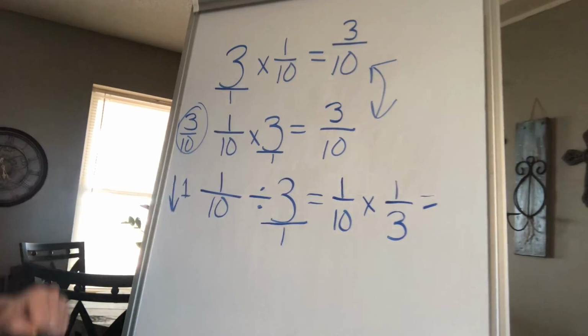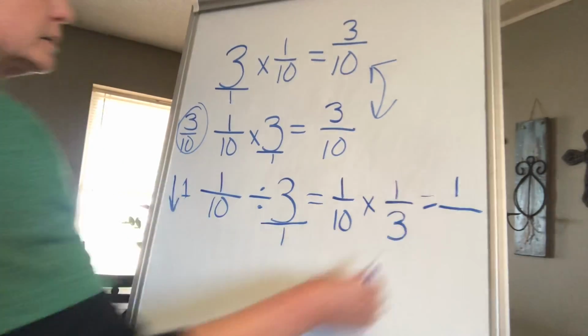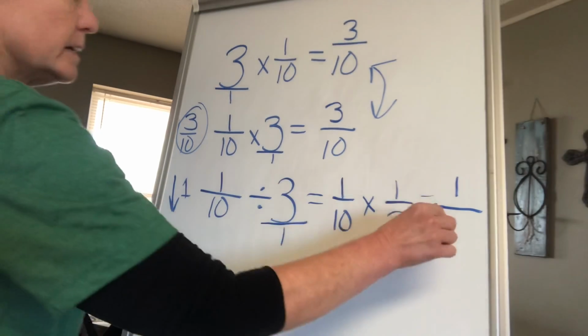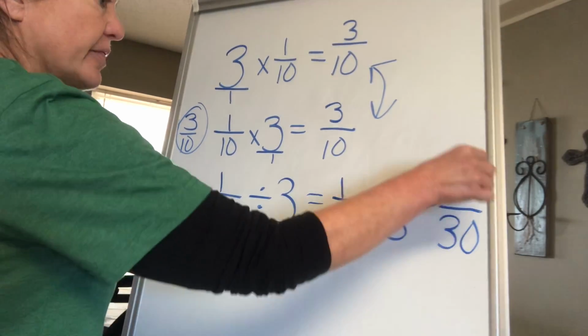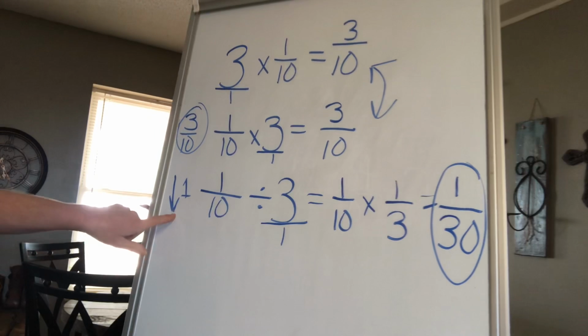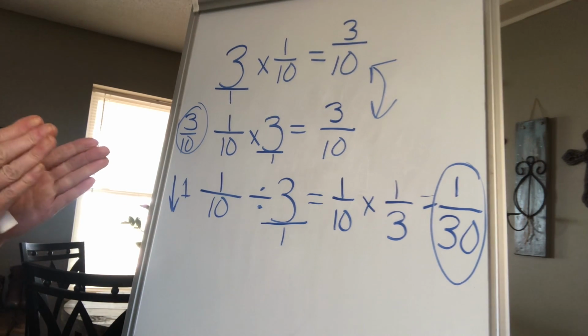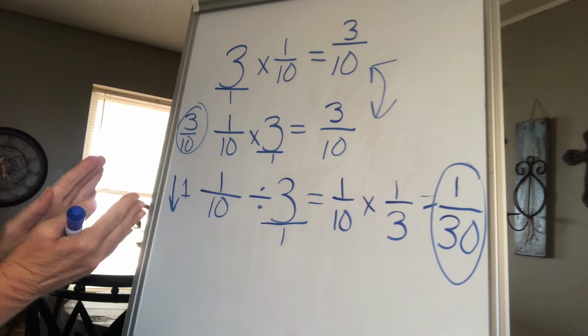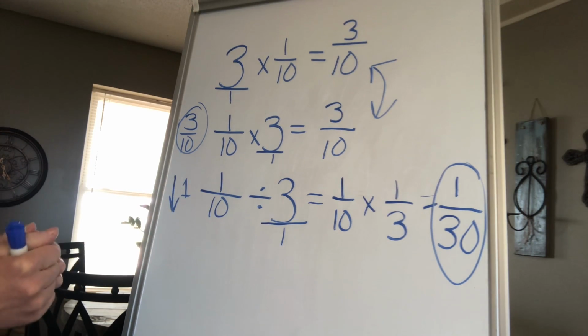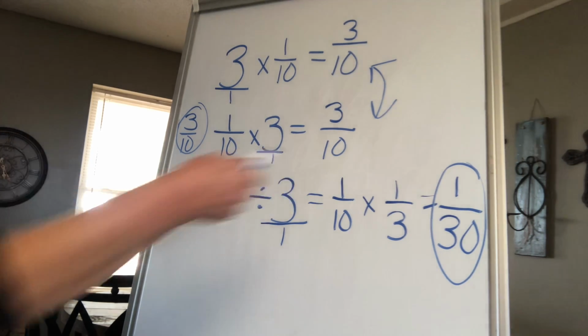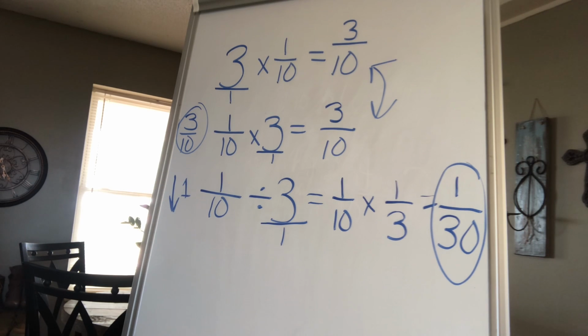So we have 1 times 1 is 1, 10 times 3 is 30, and that makes sense. We said our number was going to be less than 1. We knew it was going to be a fraction, and it makes sense that if I only have 1/10 of that pan of macaroni and cheese and I have to split it between 3 people, each would only get 1/30.